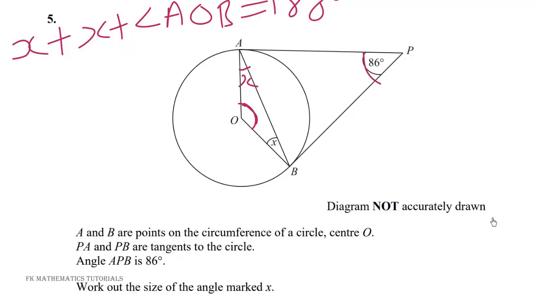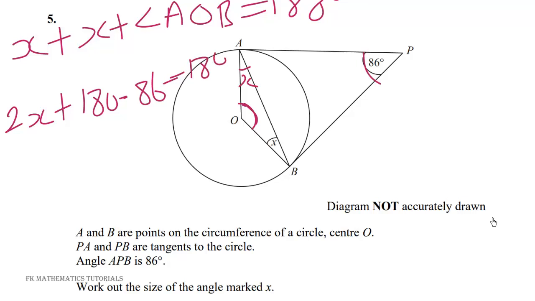Then already we know that angle AOB is 180 minus 86. So 2x plus 180 minus 86 should be equal to 180.